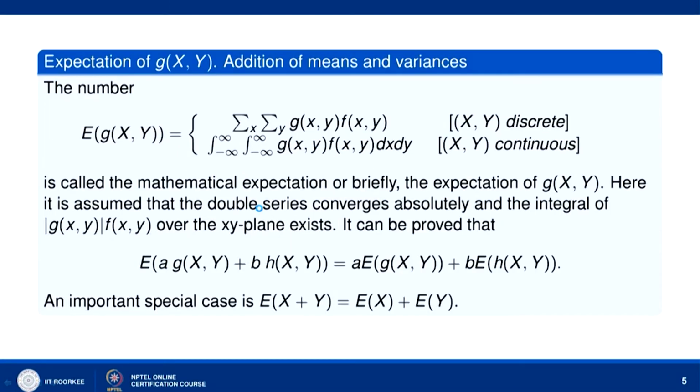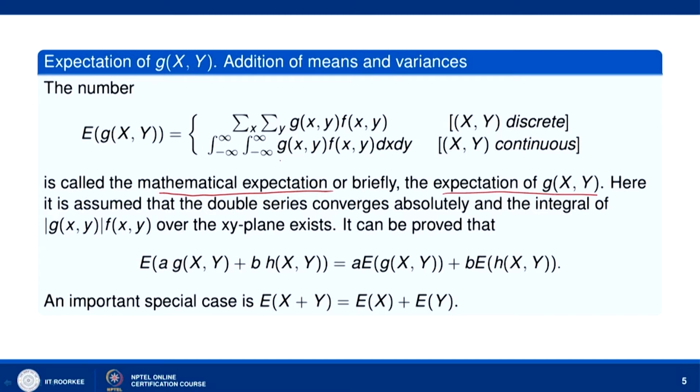Now, we have to consider the expectation of g(X, Y). The expectation of g(X, Y) equals sigma over x, sigma over y, g(x, y) f(x, y), when (X, Y) is a discrete probability distribution, and when (X, Y) is a joint continuous distribution, we have integral over minus infinity to infinity, integral over minus infinity to infinity, g(x, y) f(x, y) dx dy. This is called the mathematical expectation or expectation of g(X, Y).